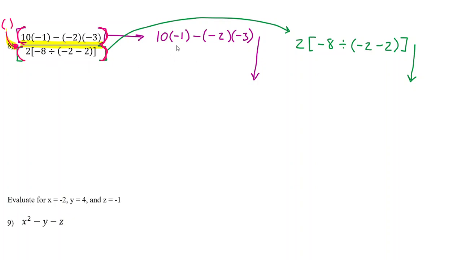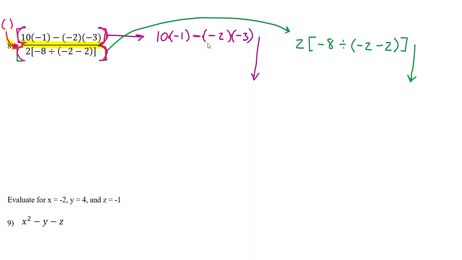All right, so let's do the numerator. Let's do this purple bits right here. So we've got a multiplication, 10 times -1, subtraction, which is next to the parenthesis, which means kind of a multiplication like that, negative times the inside negative, and then another multiplication. Which one do we want to do first?